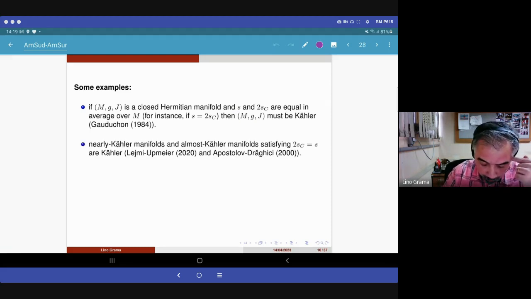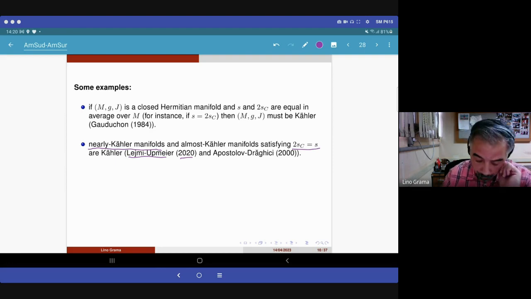If we start with a nearly Kähler manifold and impose this condition, then these two authors, in 2020, proved this forces the almost Hermitian structure to be Kähler.